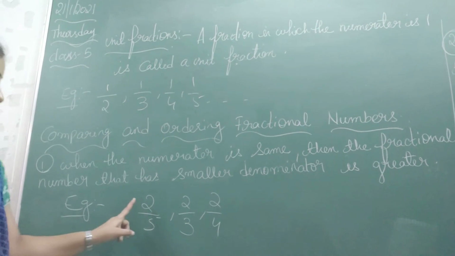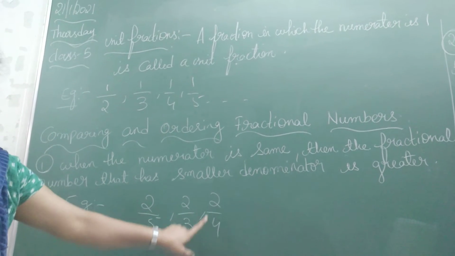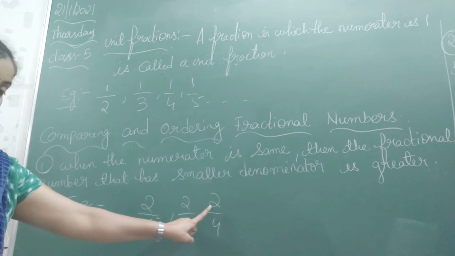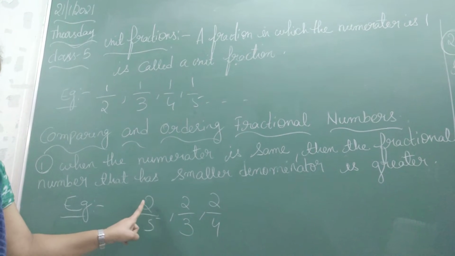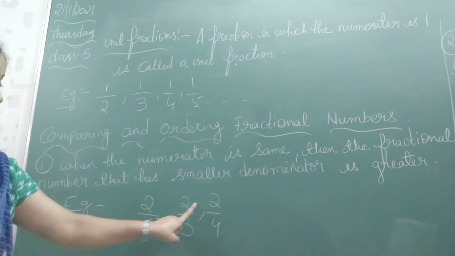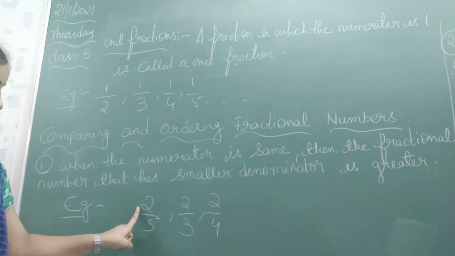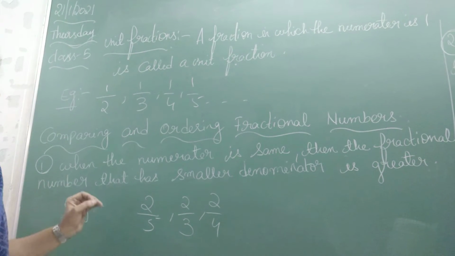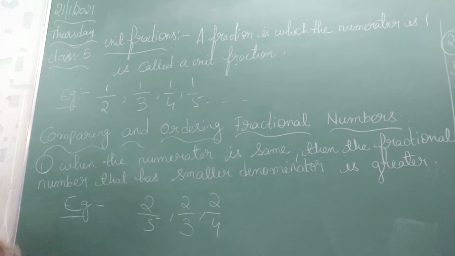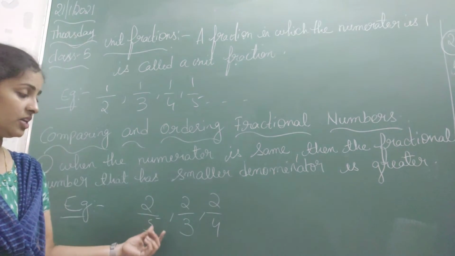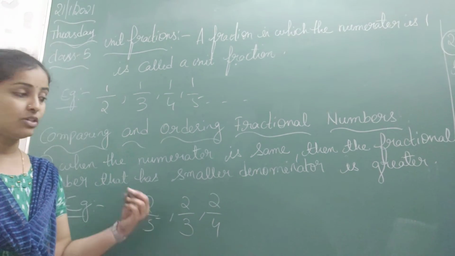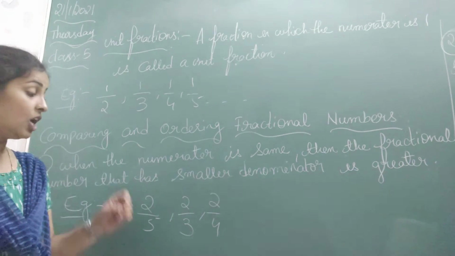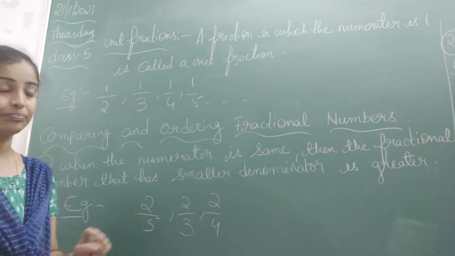Observe that in the numerator we have the same number, that is 2 and 2. Now I need to arrange them in ascending order, that is from the smaller number to the bigger number.